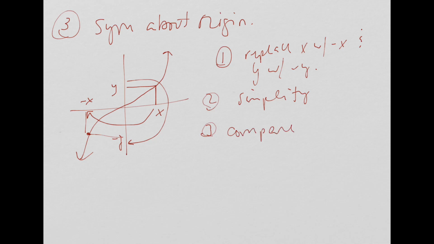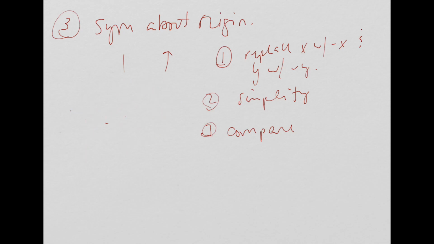And that's because, if we go back to this picture here, I know it's a little bit messy, but whenever we were drawing this, I would kind of have my top part here, then I would make all of my y's negative, then I would make all my x's negative, then I would make all my y's negative to get the rest of the graph. So symmetric about the origin, I'm going to do both.